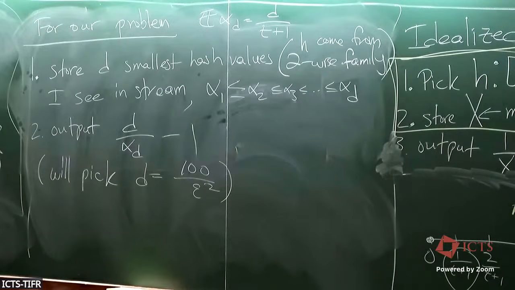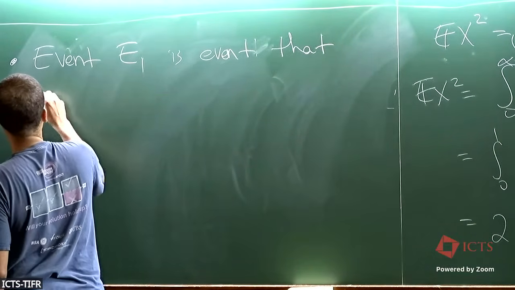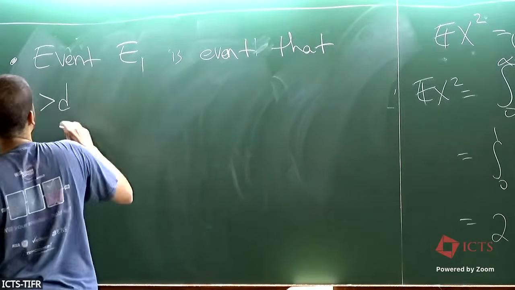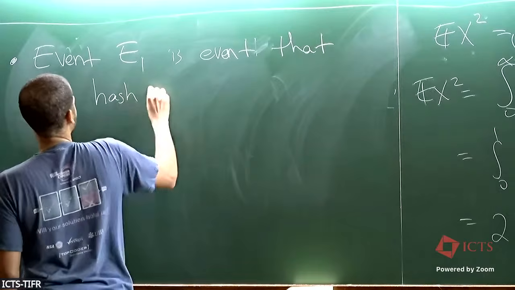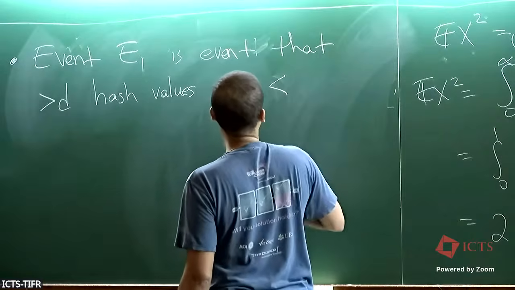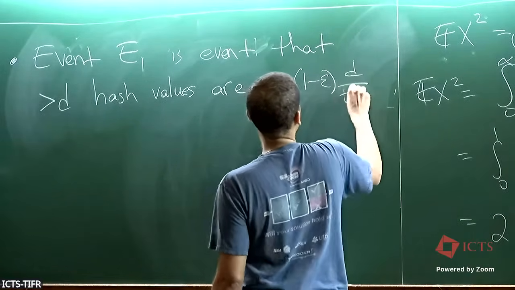Let's define an event. E1 is the event that more than d hash values are less than 1 minus epsilon times d over t plus 1.